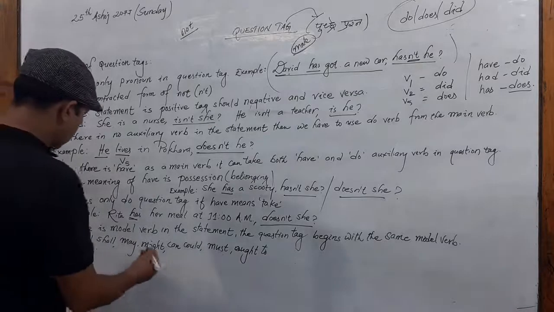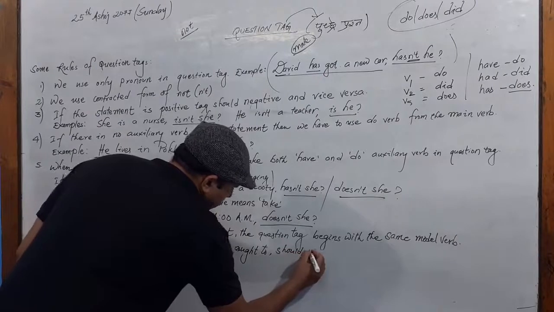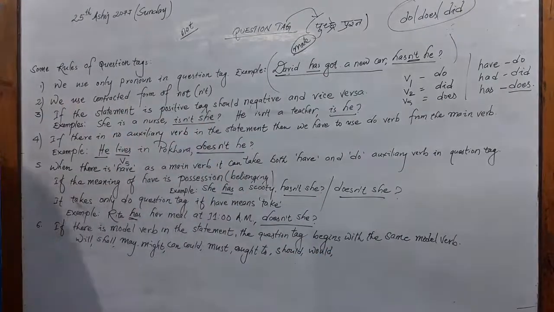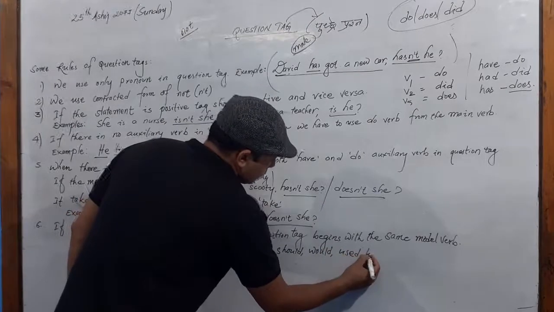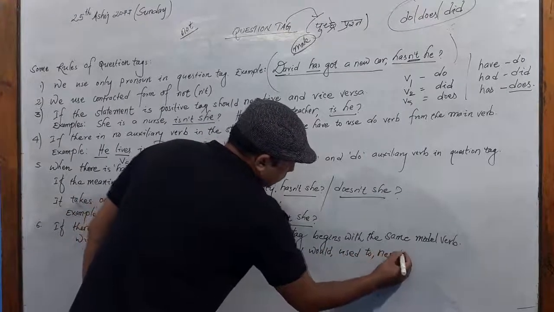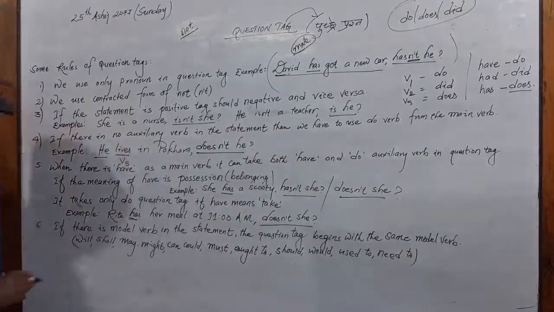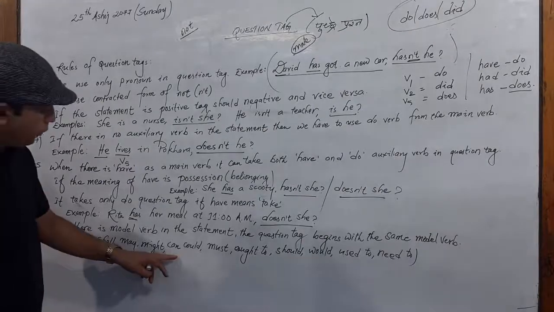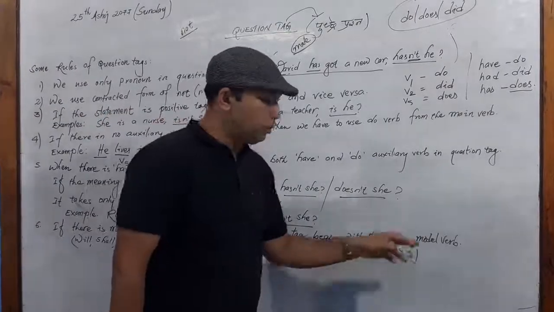Should, would, ought to, used to, need to. These are the modal auxiliary verbs. 1, 2, 3, 4, 5, 6, 7, 8, 9, 10, 11, 12.